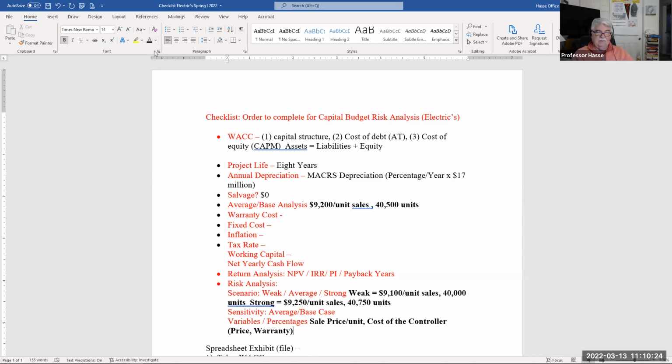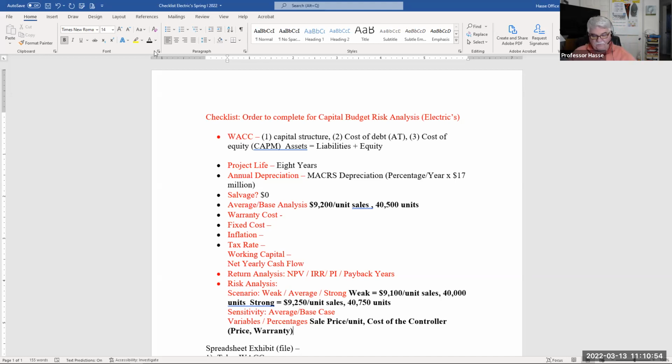That's going to require a little bit of thinking caps, a little bit of graduate study. The price of the controller, which for the CTX13 is $1,280, and the warranty cost, which you have to calculate at $90 a year for 5 years. For the MT78, the cost of the controller is $1,260 per unit, and the warranty is $100 per unit per year for 5 years.